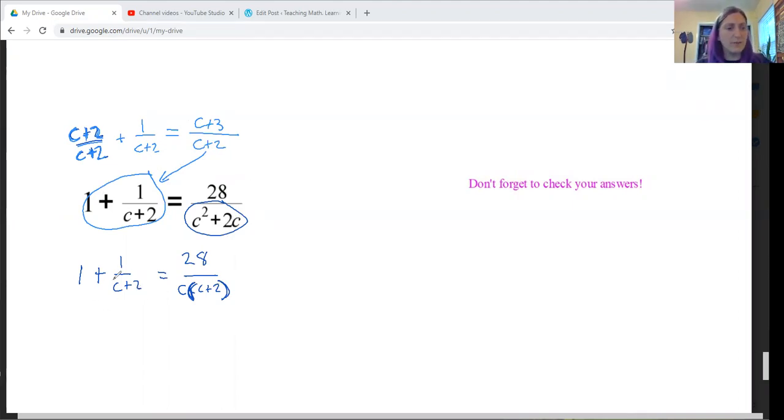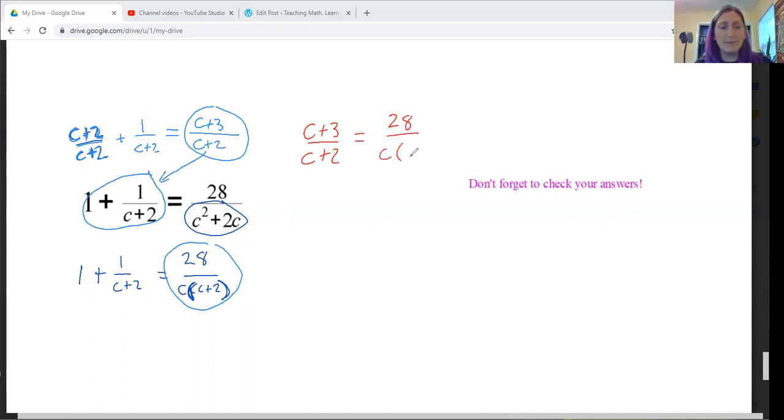Okay, so now I've got this piece here that's useful, and I've got this piece here that's useful. Let's put it all together. All right, so now on this side of the equation, I have c plus 3 over c plus 2, and it's equal to 28 over c times c plus 2.